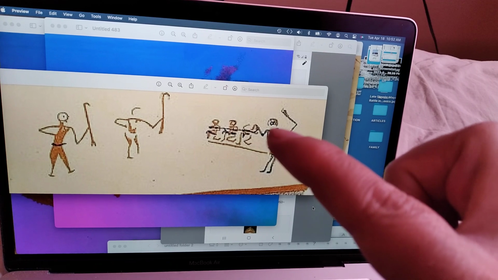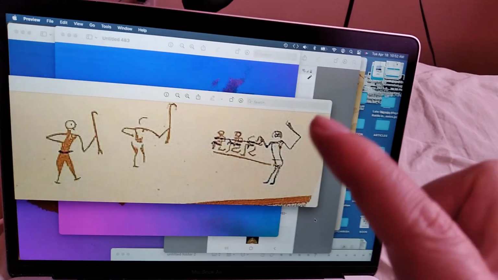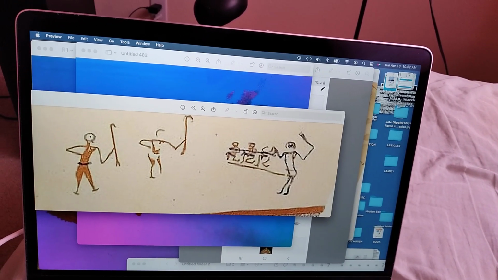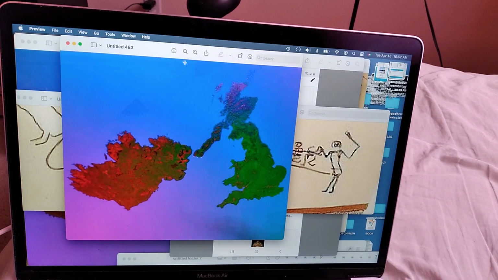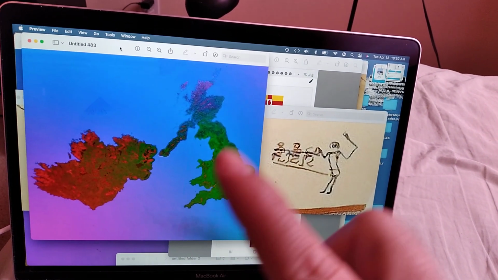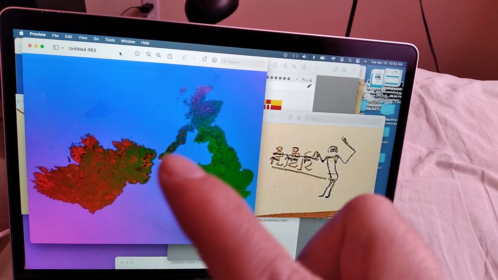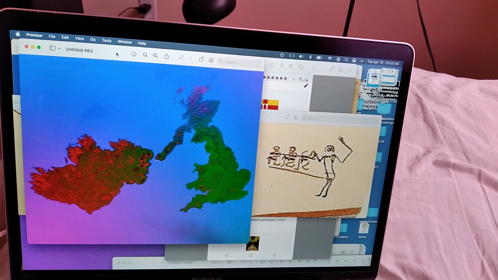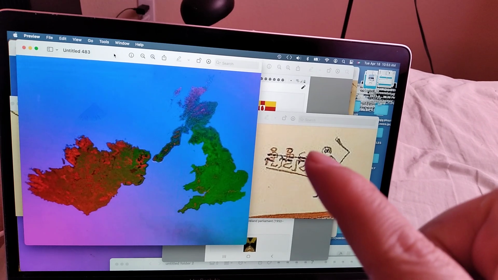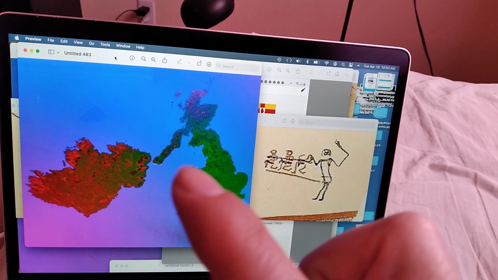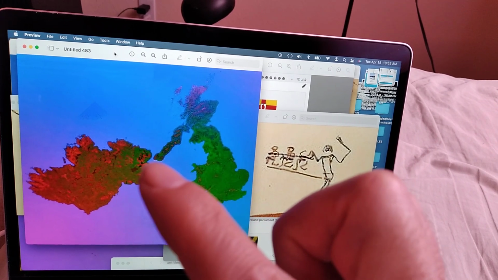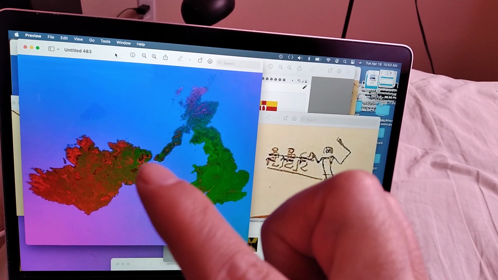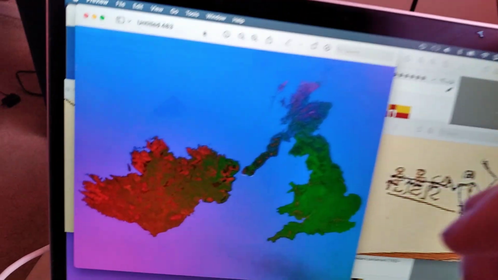This is Britain, and his arm is the Argyll Peninsula there, Knapdale and Kintyre, and he's holding Ireland by Ulster's head. And so, basically, the Red Hand of Ulster.